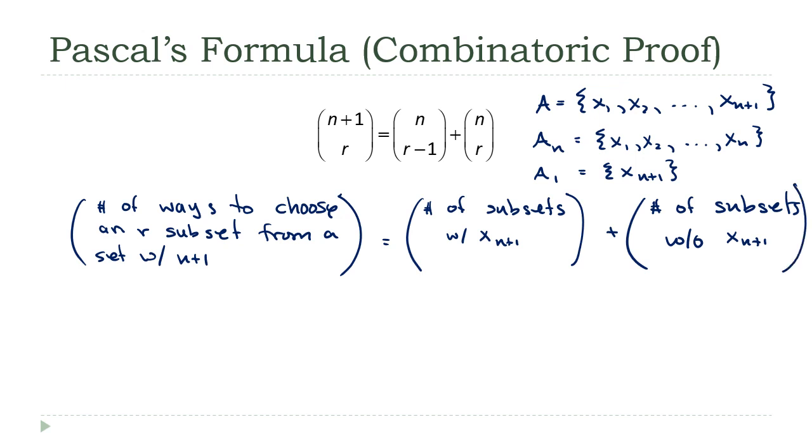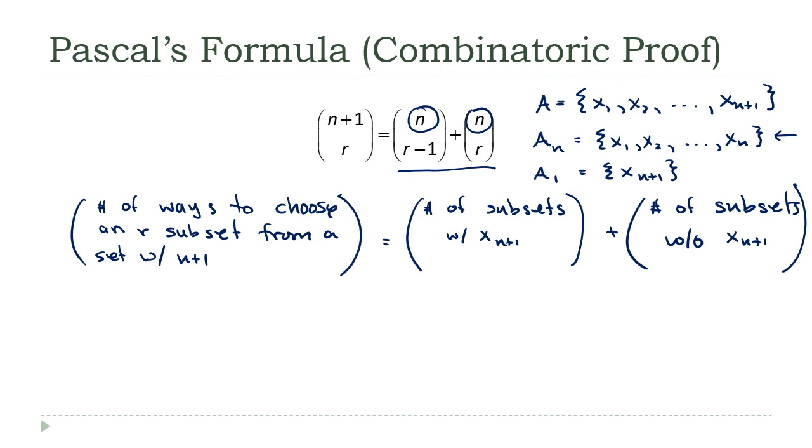Okay, well, that's good, because I always have in mind your final goal. I know this is where I want to end up. So I know I need to end up with the sum of two things. And more important, I know that these two things have to have this n up here, so they have to be based on a set with n elements. You notice that's what this A sub n is.